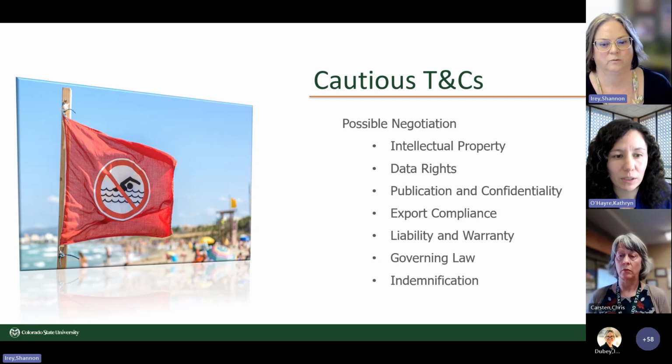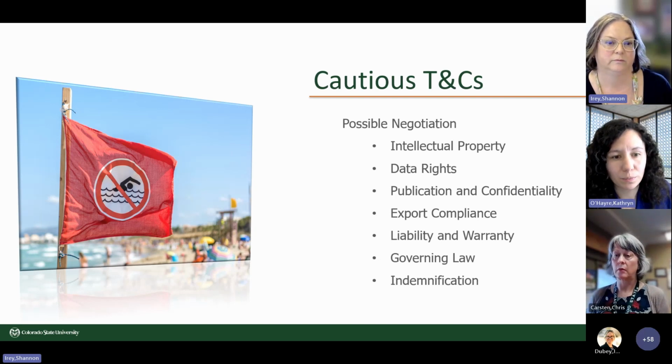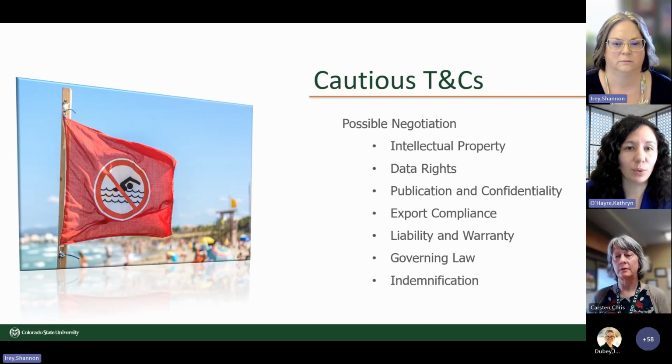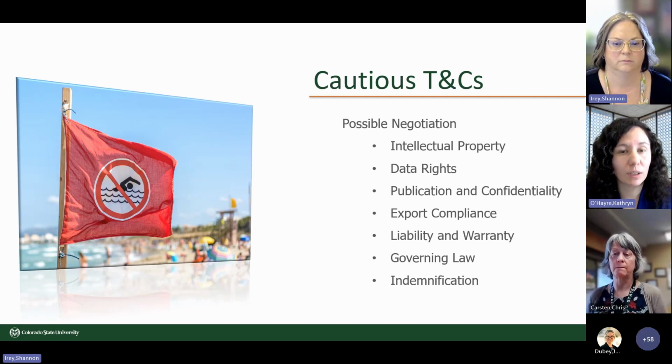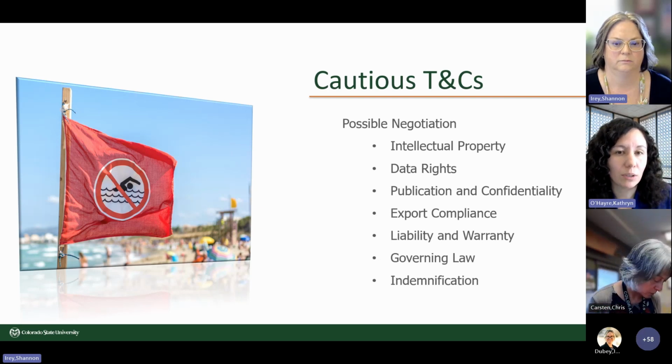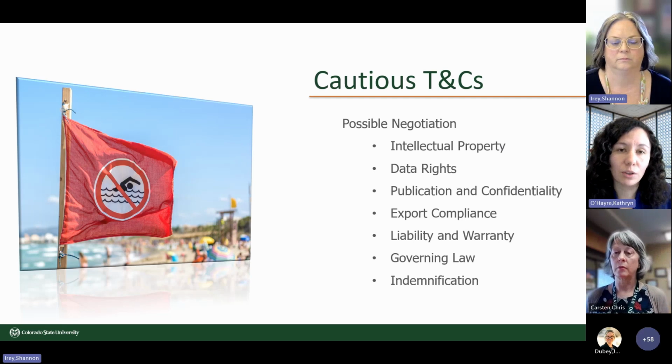Liabilities and warranties. So who is responsible if things go wrong? And what guarantees that the performer does the performance, right? So that if we're going to do the deliverable, how are we delivering it, and what happens if it doesn't? So this happens more in our contract world, where we have cure terms, we have termination options.